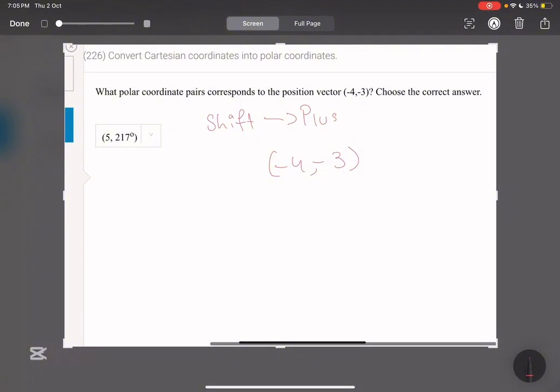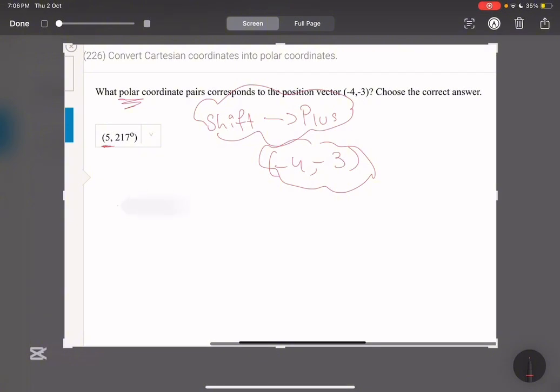Because they're asking for the polar, that's how you get the polar. To do comma, you do shift close bracket.